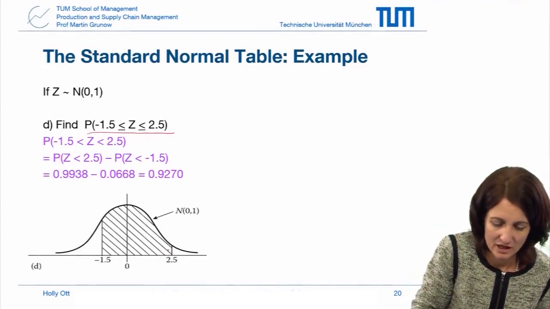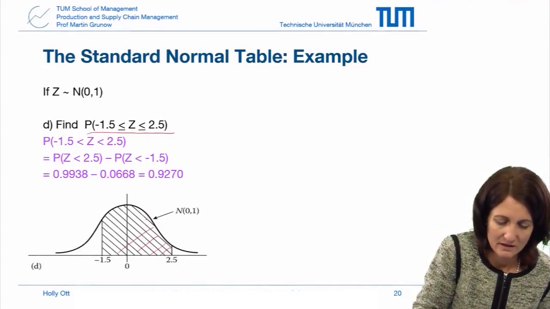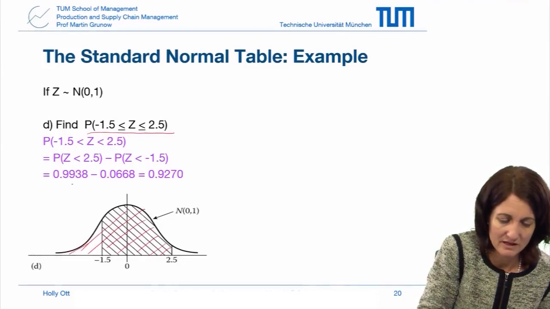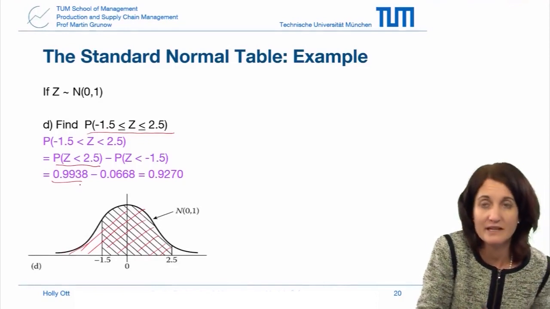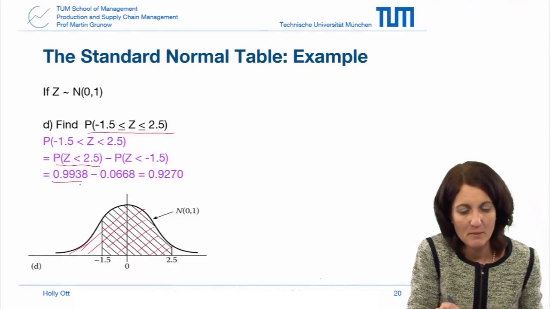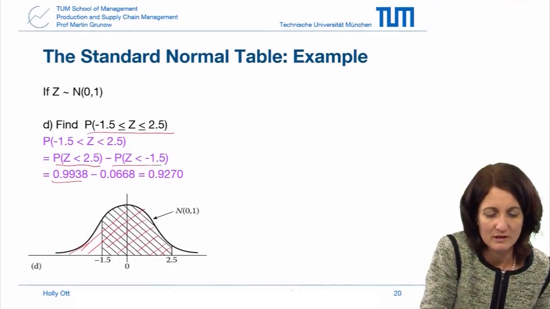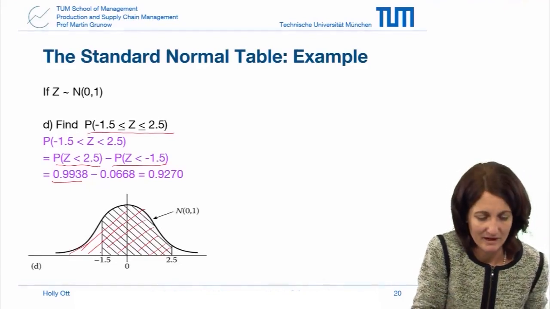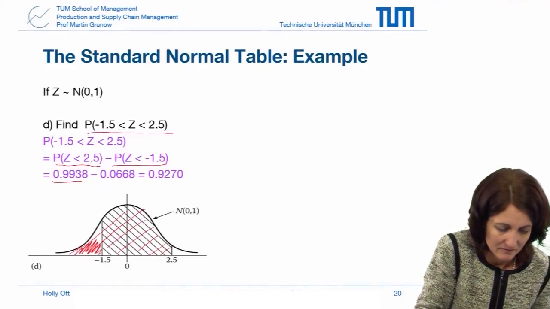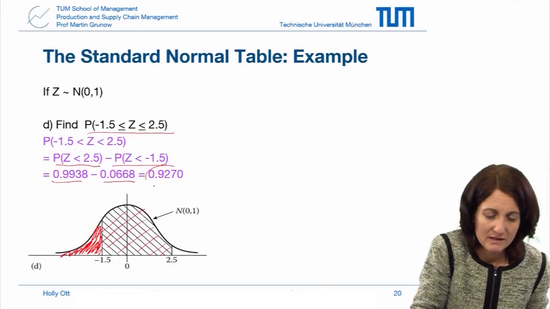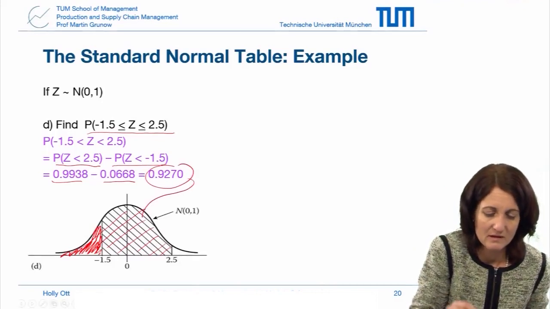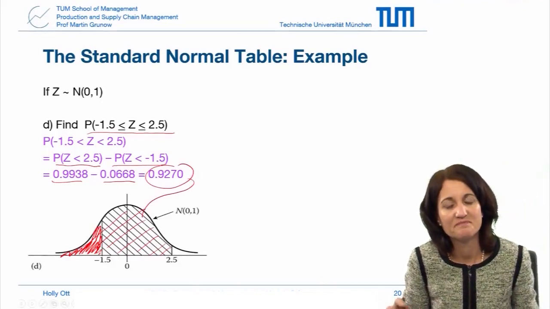We take the proportion of the population that is less than 2.5. We get that from our table. We've got 99.38% minus the proportion that is less than minus 1.5, which is just down here, a smaller number, only 6.68%. And this will give us the part in the middle.